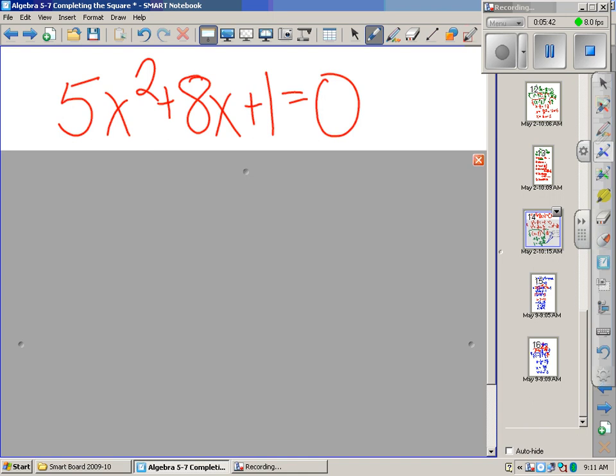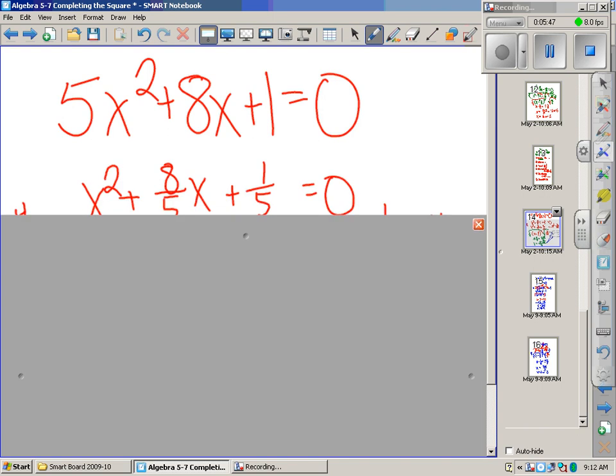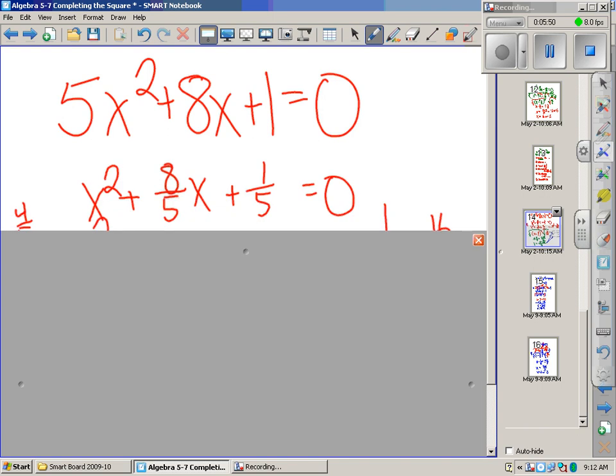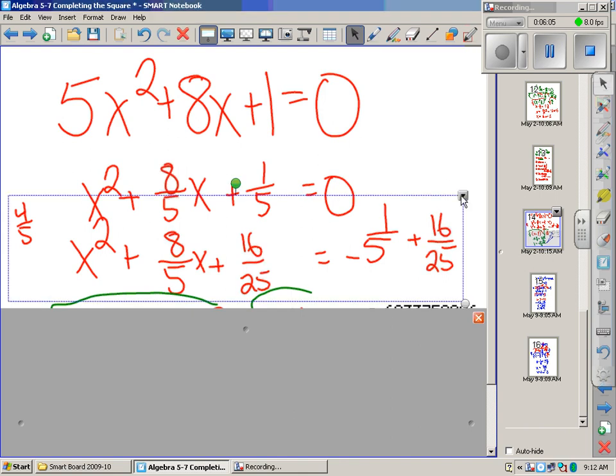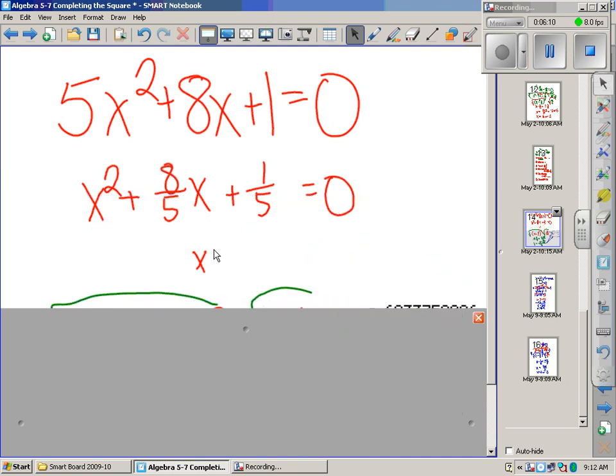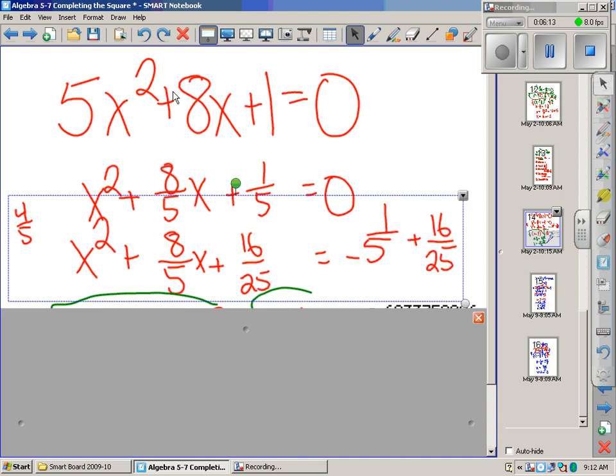Once we divide through everything, it's going to be x squared plus 8/5 x plus 1/5. Next, you have to move the 1/5 to the other side, so we subtract 1/5 from both sides. When we do that, you have an opening here, and then you take half of 8/5, which is 4/5, square it, and add it to both sides.